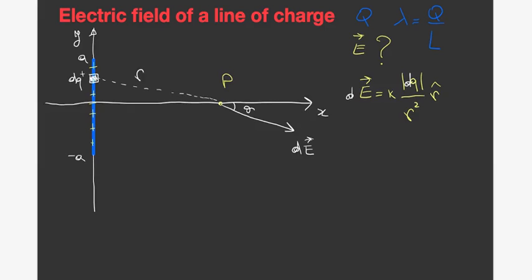Now, let me take a symmetric dq below the x-axis, again a tiny infinitesimal amount of length of the wire dl, where I am placing a small amount of charge dq. And then let me connect the charge dq with the point P and draw the electric field vector that is pointing away from the source. This is my dE.